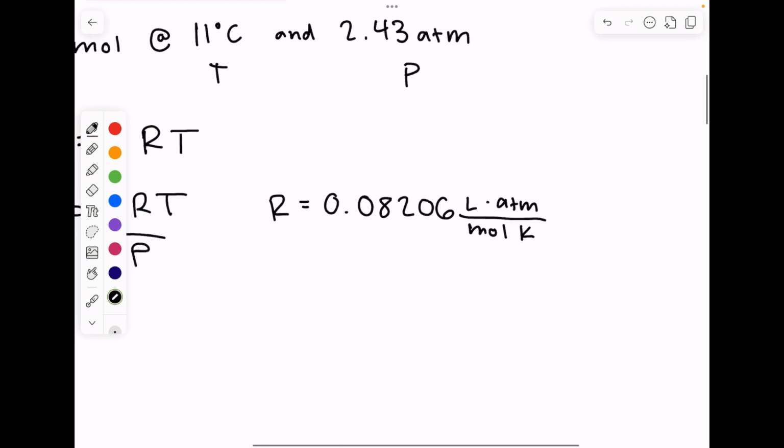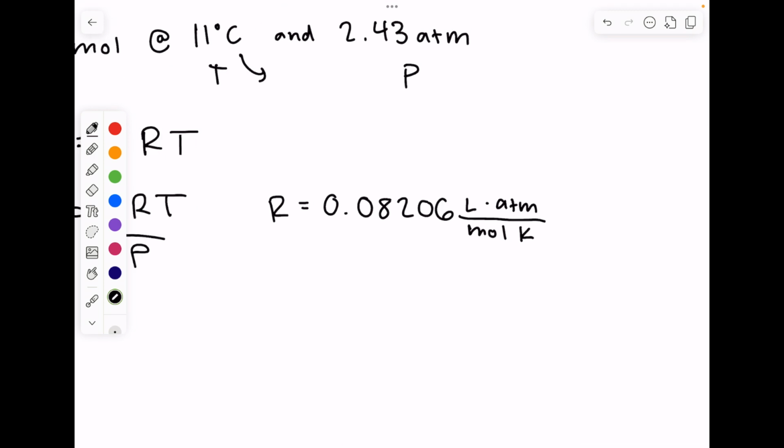So we're going to need to transfer this 11 degrees Celsius into Kelvin so that it will cancel out with our R value. So it's going to be 11 plus 273 is equal to 284 Kelvin.